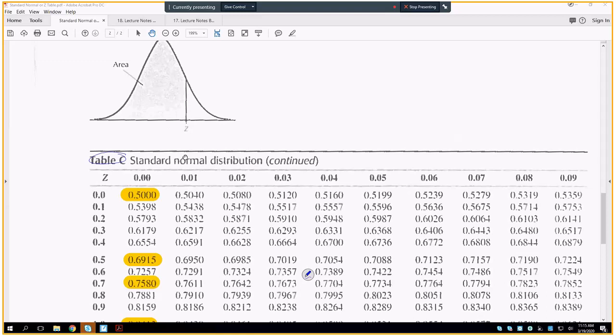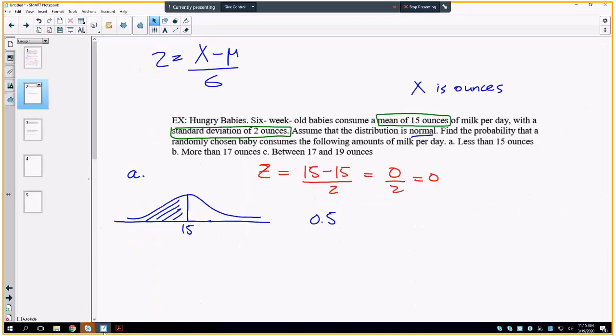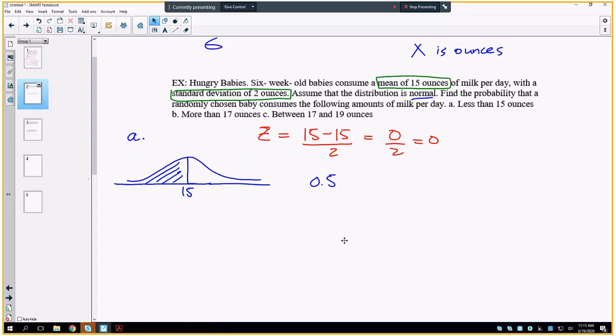Also, positive 0.00 is 0.5. Great. So that answers part A. We know the probability is 0.5.